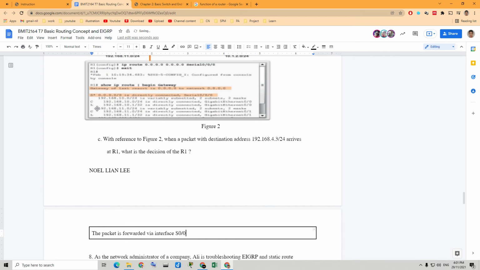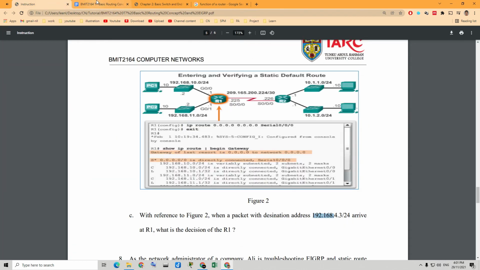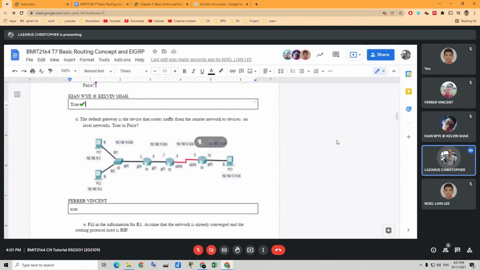Usually, when we describe the default gateway, we explain it the other way: it routes traffic from the local to the remote network. But here the statement is that it routes traffic from a remote network to a device on the local network.